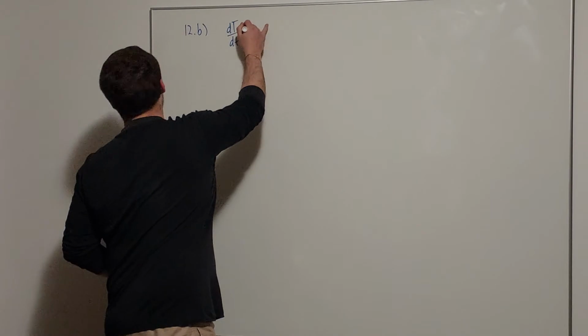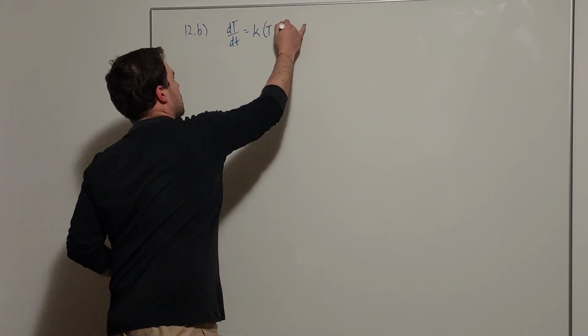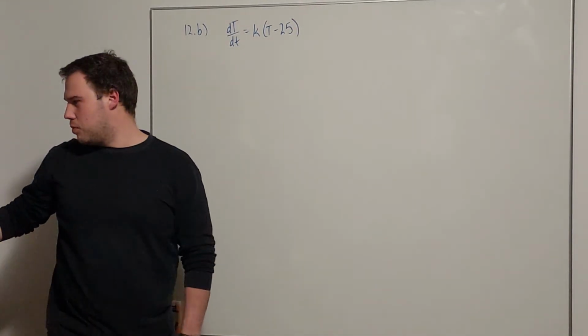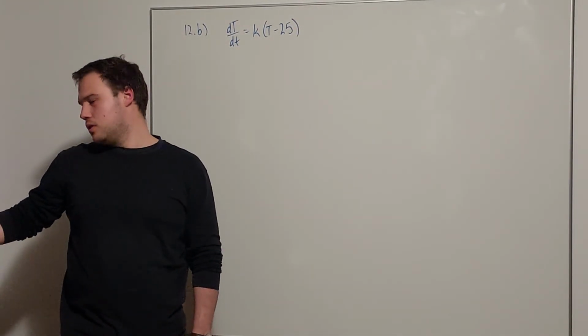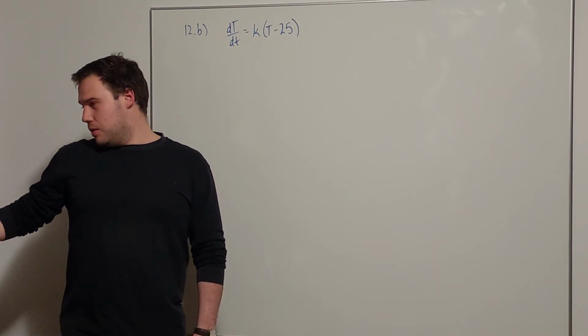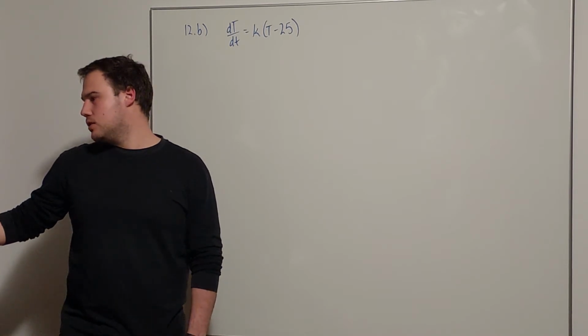dT on dt is, as expected, something looking like Newton's law of cooling, proportional to the difference with the ambient temperature, where k is the growth constant.